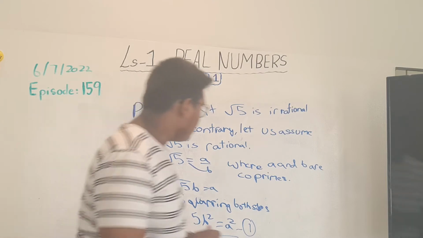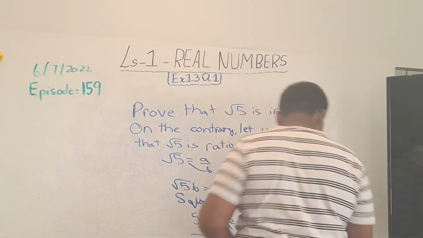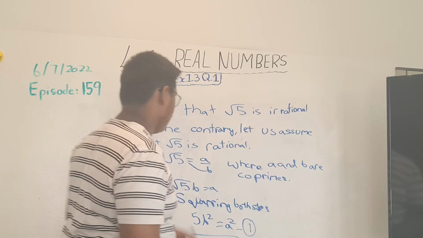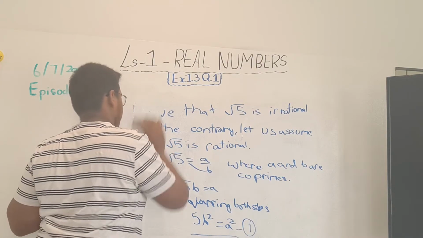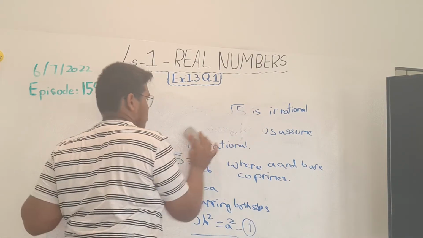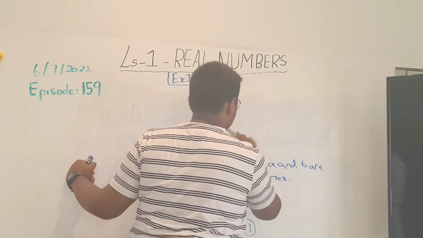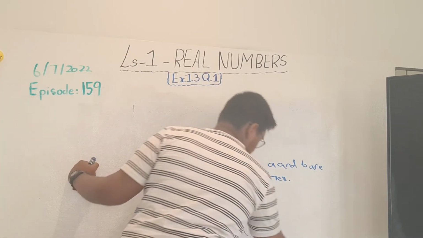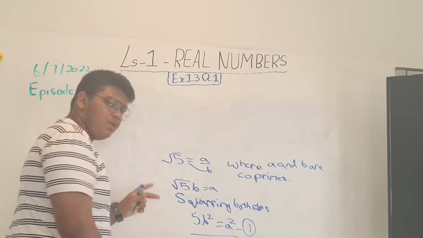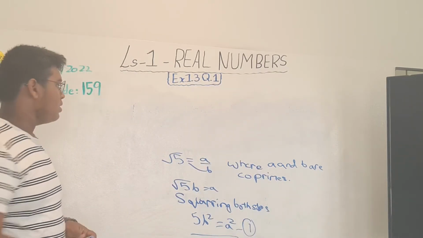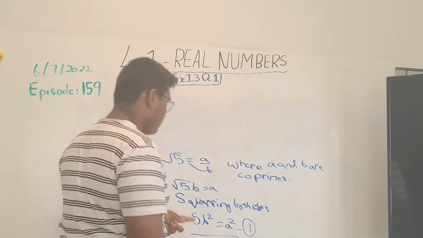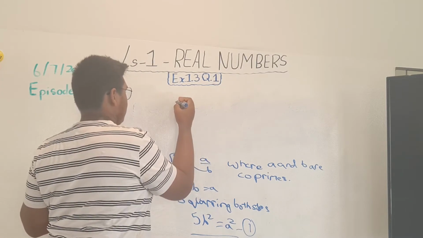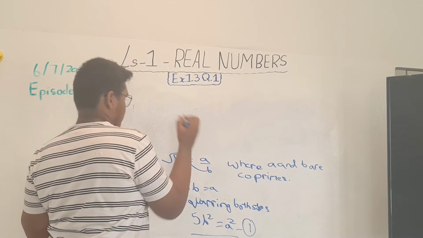Now let me erase this in the upper part so that I can continue my answer. If you want, you can go back and note down. So 5b square equals a square. This is our first equation.